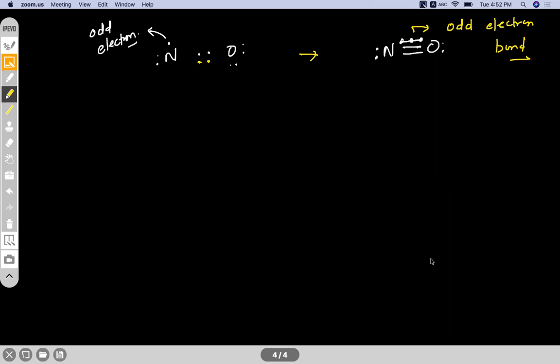See, if the molecule contains an unpaired electron, it is said to be paramagnetic. Okay, if all electrons are paired, then it is diamagnetic.